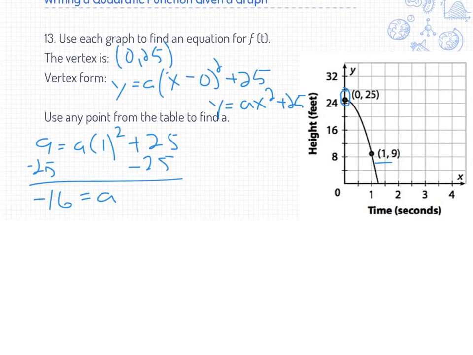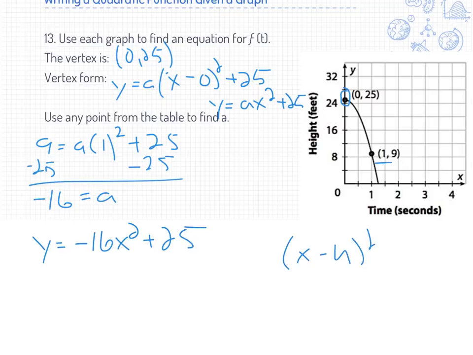So then substituting that value in, you get y equals negative 16x squared plus 25. And then since this one has no set of parentheses, we don't have that x minus h squared in there. There's nothing to distribute. So then that one happens to be in vertex form and standard form. So you're done.